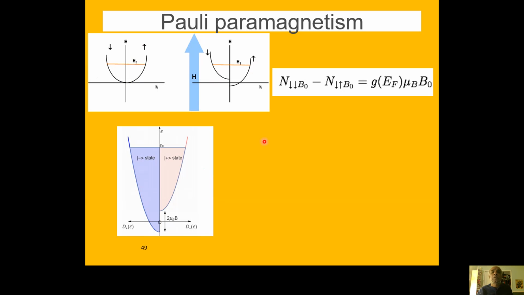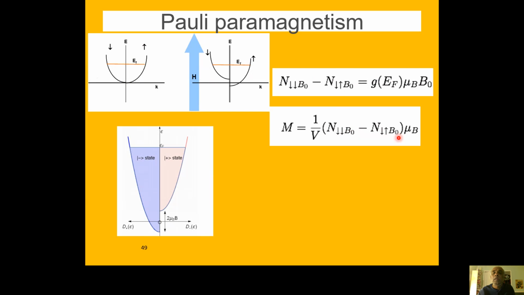Now if you calculate the difference, some of the spin down ones, some up ones turn back to down ones, so that minus the down ones with some still up spin, that difference between these dipoles will be given by the density of states at the Fermi energy multiplied by that energy mu B B. Now if you want to calculate the total magnetization, you have to multiply the magnetic moment, that's mu B, by the number of spins, and then divide by the volume.